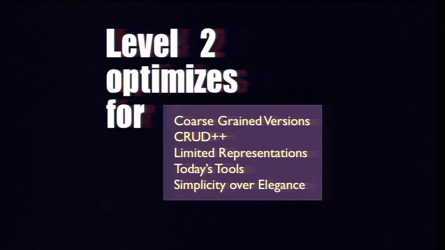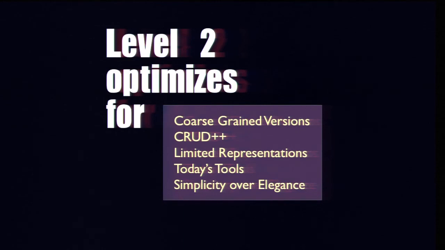There's Spring HATEOAS, which is also evolving. And so the question is, maybe you want to optimize for tooling. And sometimes even the way an API is represented is because Rails is easier that way or something like that. So sometimes people are optimizing for different aspects, and maybe those aspects are just what's on the ground and what they're able to use.